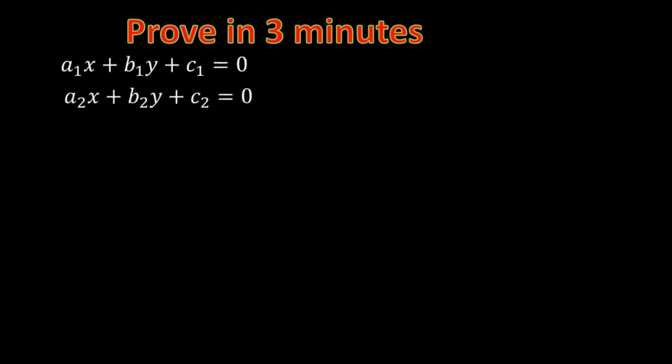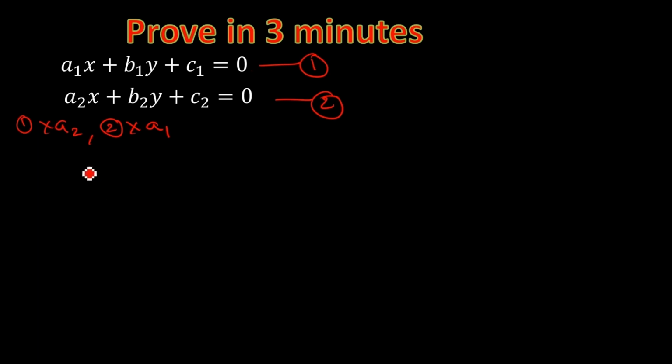Let's take the standard form of the two linear equations. For the elimination method, we need to eliminate one of the terms. Let's eliminate the x term in both equations first. Let's take this as the first equation and this as the second equation. We need to multiply the first equation with a2 and the second equation with a1 so that this x term can be eliminated.